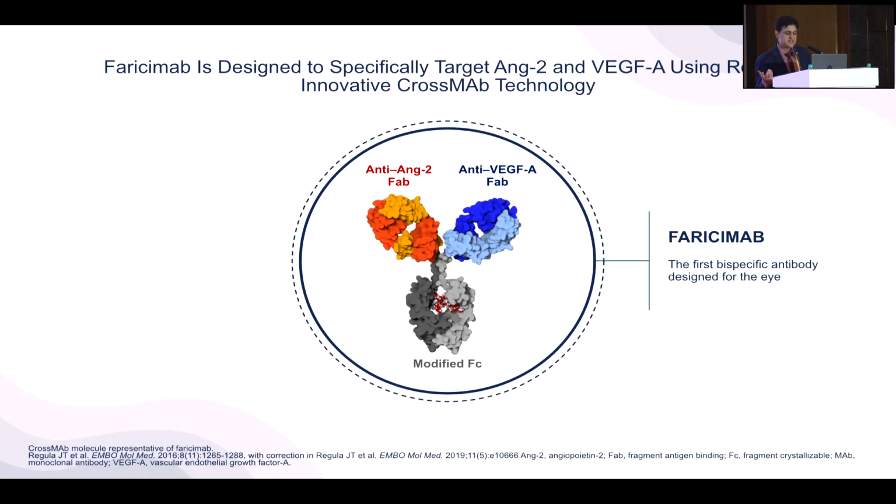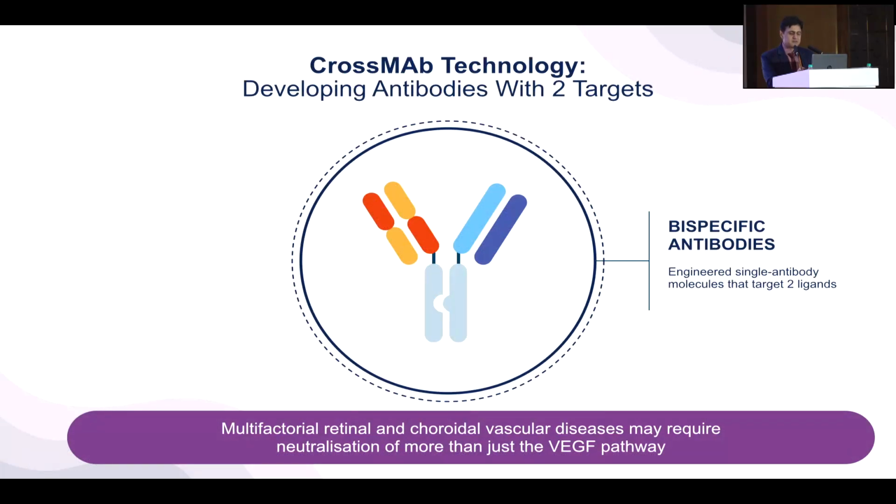So this is basically the molecule. It is a bispecific molecule which has got 2 antibody binding sites, and one of them is against the VEGF and the other arm is against the Ang2. This is the first bispecific antibody which has been designed for the eye. It is made by a technology known as CrossMab technology, a patent of Roche, for a molecule with 2 antigen binding sites.